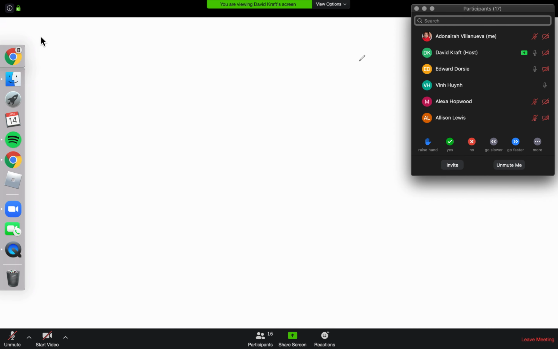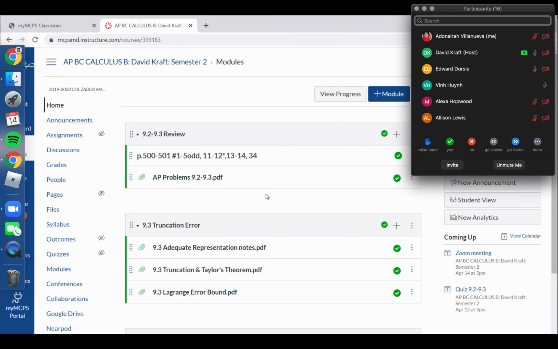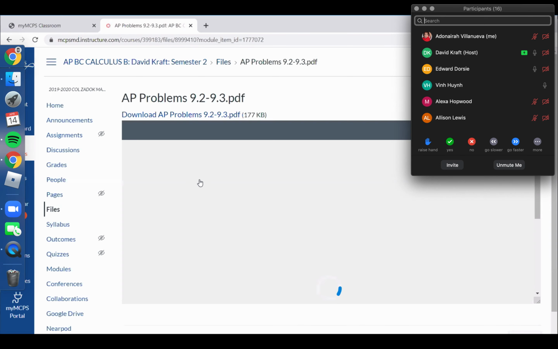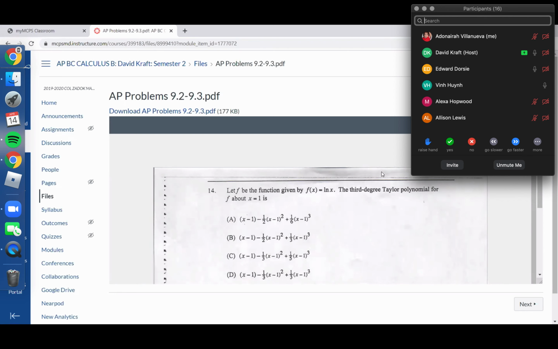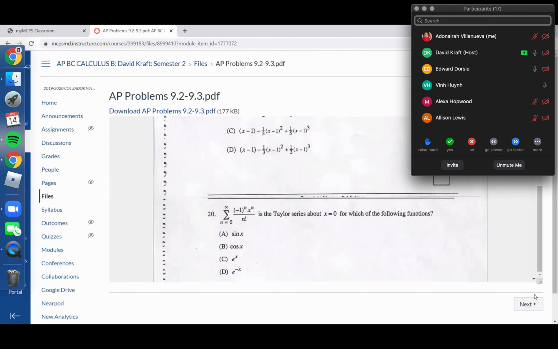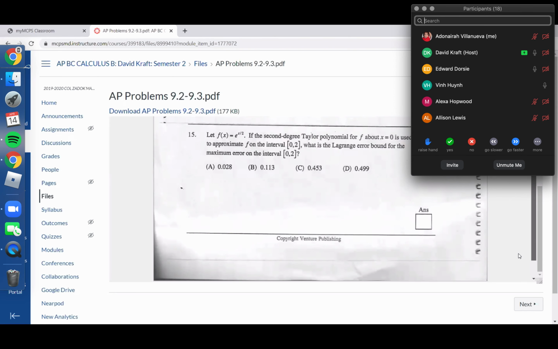Can you go over the last one on the worksheet? The last one on the worksheet. This one? Yeah. I don't understand it.